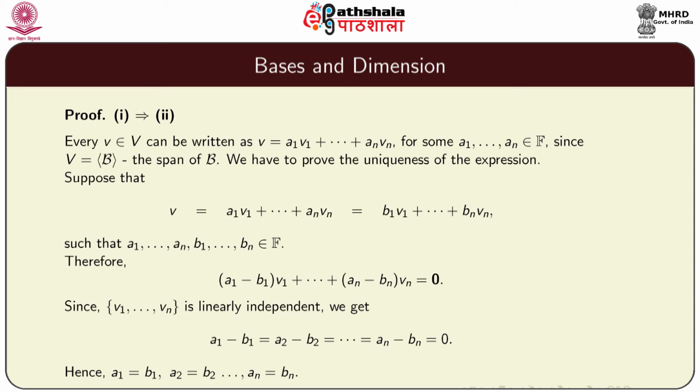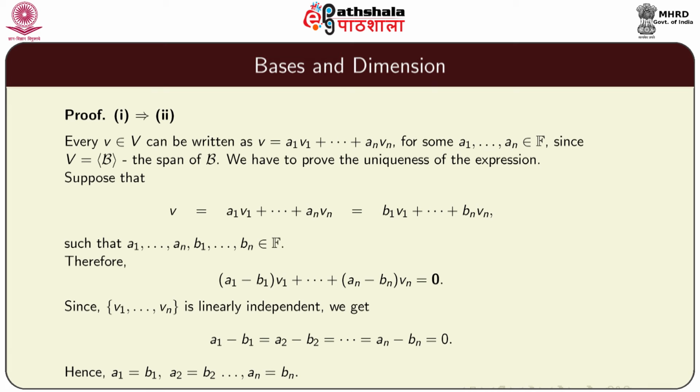We now have to show that this expression v is equal to a1 v1, etc. up to an vn is unique. What does that mean? That means if you have one more linear combination using v1, v2, ..., vn given by b1 v1, etc. up to bn vn, and that also represents v, then the scalars should match.